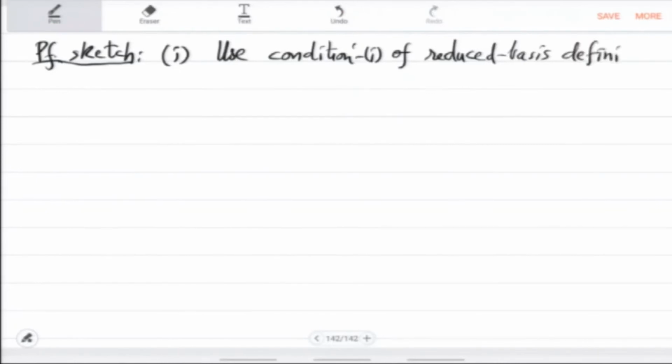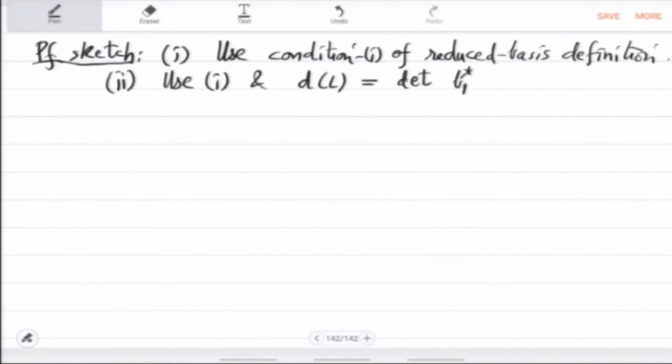For the second one, this relationship with the discriminant, just use the above and the fact that the discriminant or volume is the determinant of this matrix, which is then less than or equal to the product of the lengths.